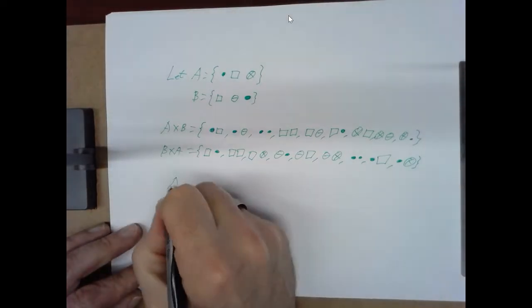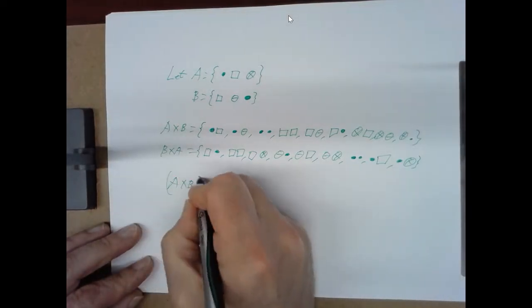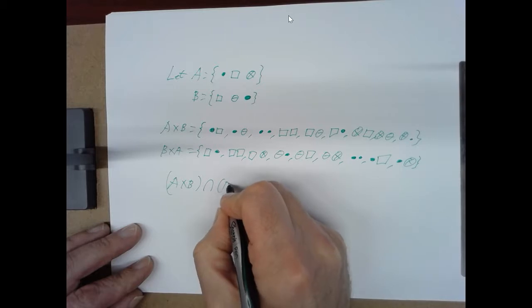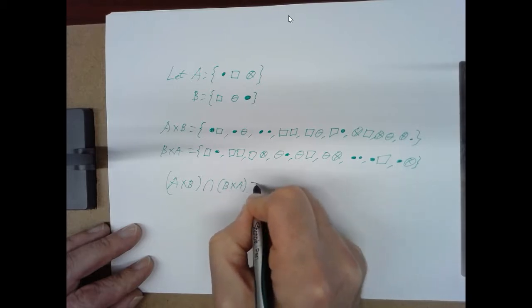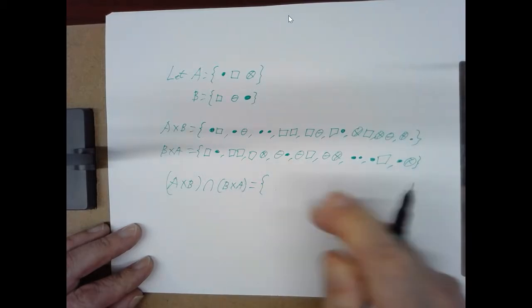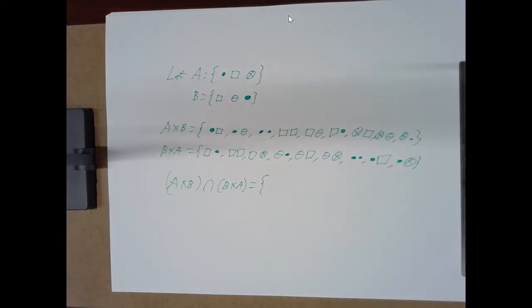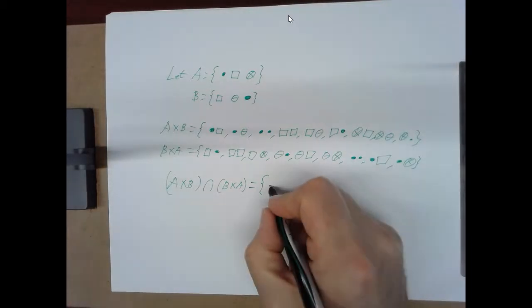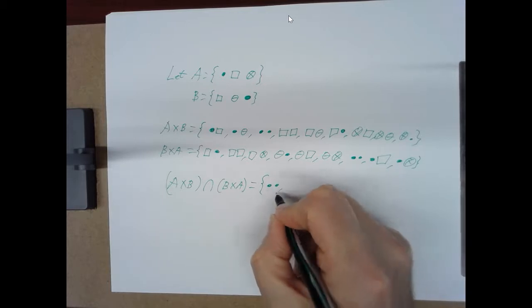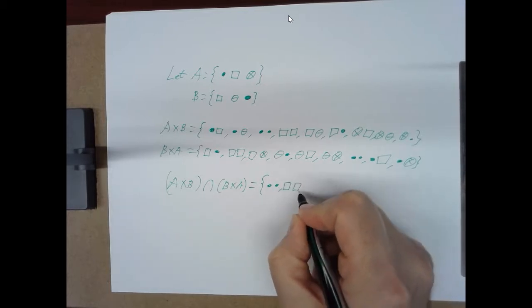So now part B is asking about the intersection. And what did you find in the intersection? I got 2 dots and 2 squares. Okay, so 2 dots and 2 squares.